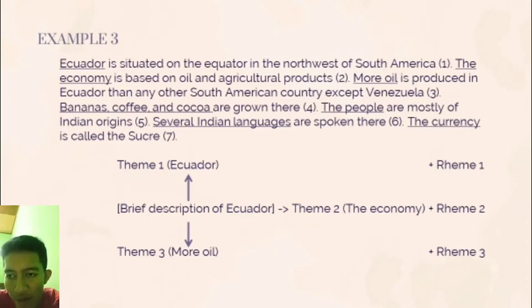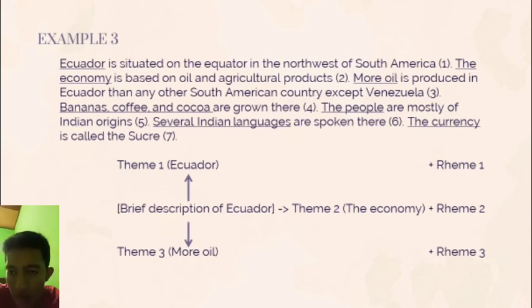Ecuador is theme 1 and is situated on the equator in the northwest of South America is rheme 1, and the economy is theme 2 and is based on oil and agricultural products is rheme 2. More oil is theme 3 and is produced in Ecuador than any other South American country except Venezuela is rheme 3.